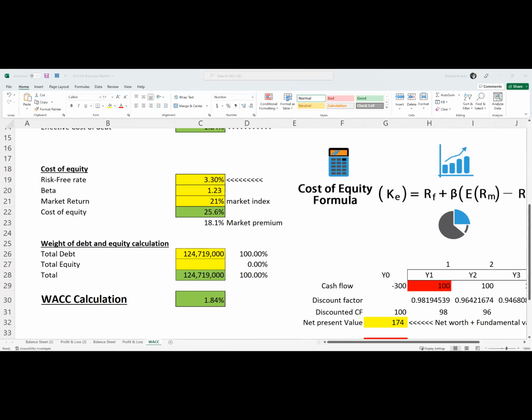And what else? Total equity. Yes, I think it's 63. So the stockholders' equity and the total equity are the same.